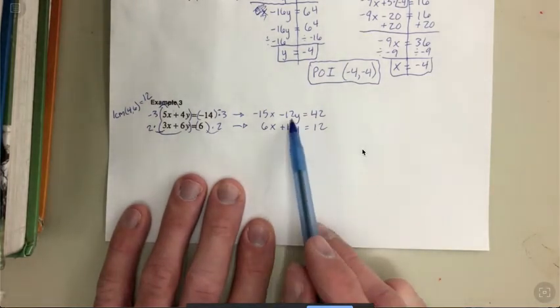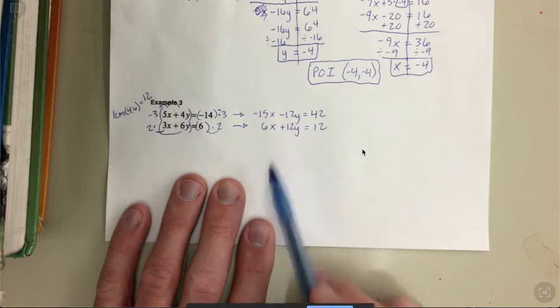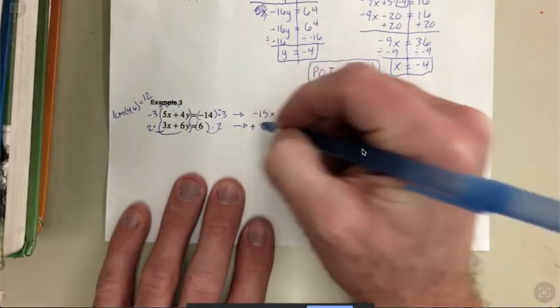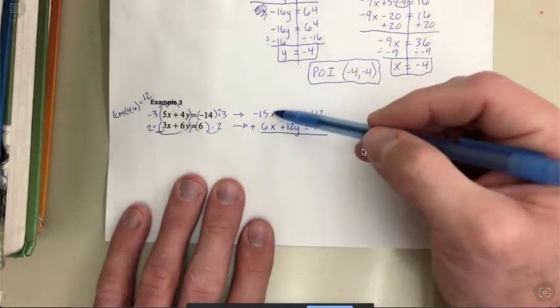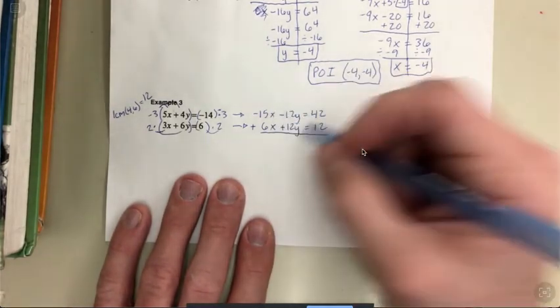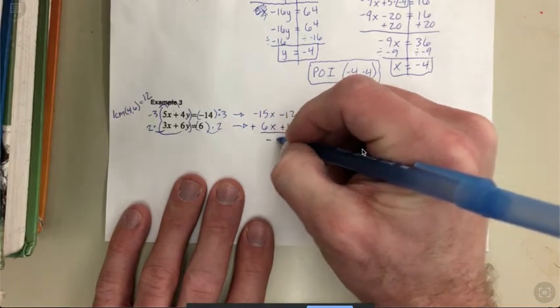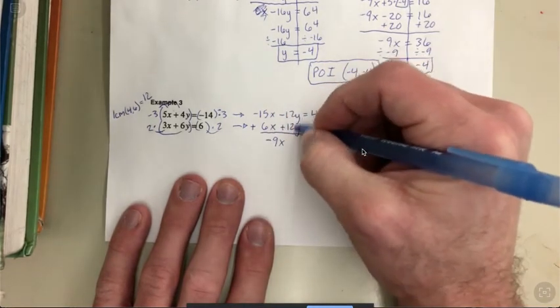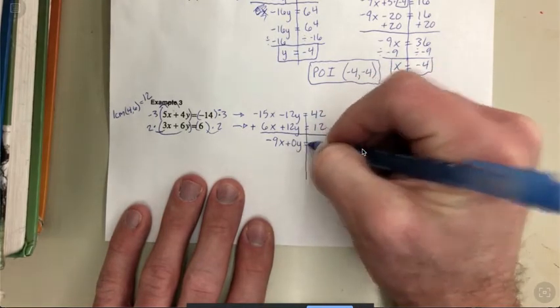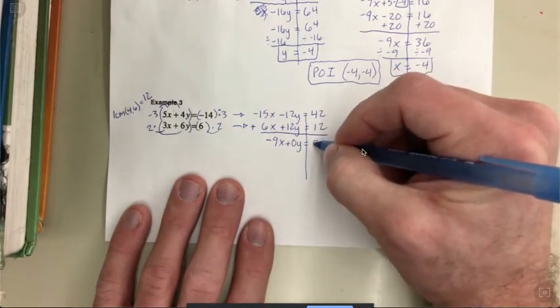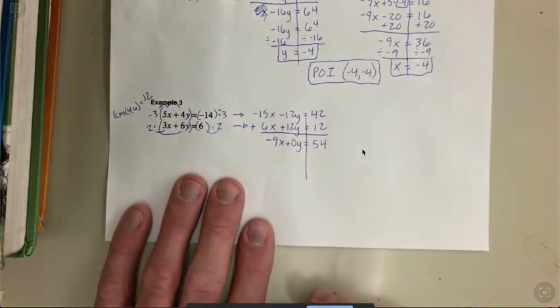Now, if you notice, I have a negative 12y and a positive 12y. So I'm betting when I use my elimination strategy by adding them together, this is going to become negative 15x plus 6x will be negative 9x. These will become plus 0y. And then these will become positive 54.